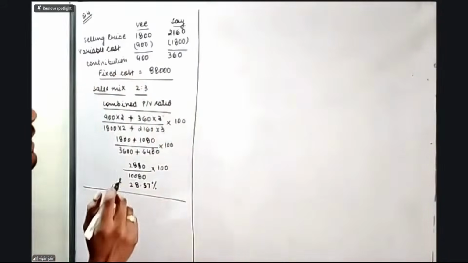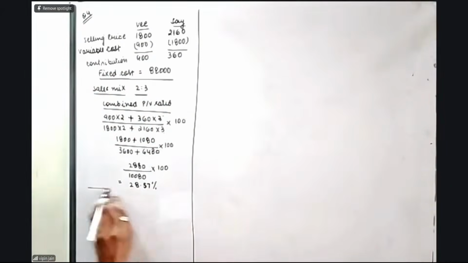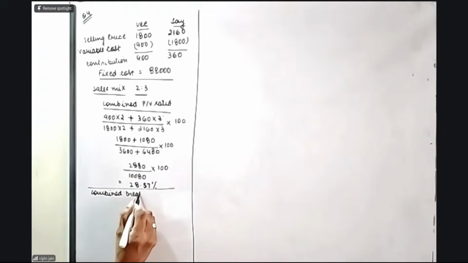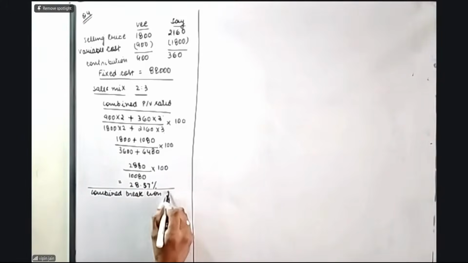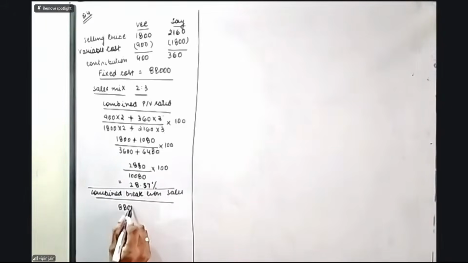So now we will calculate the next point. What we will calculate is the combined break-even sales. That is, my fixed cost is 88,000 divided by 28.57%.